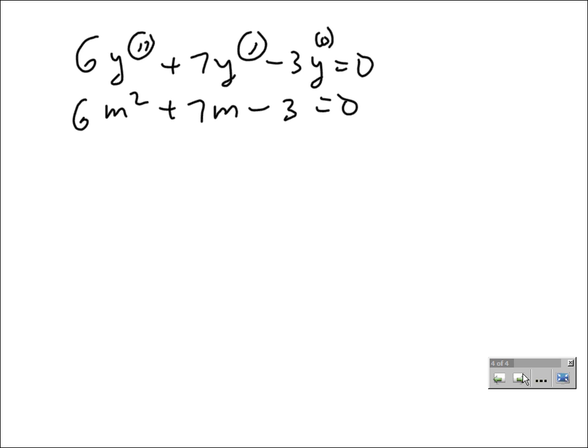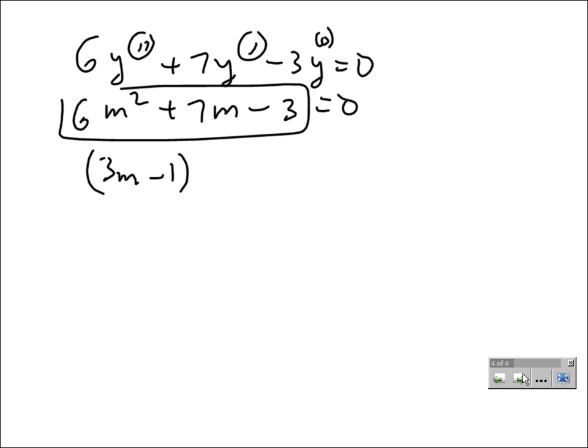Okay, now, this is not an algebra class. Not going to teach how to factor. But if you were to factor this, you would get 3m minus 1 times 2m plus 3, and this will equal 0.